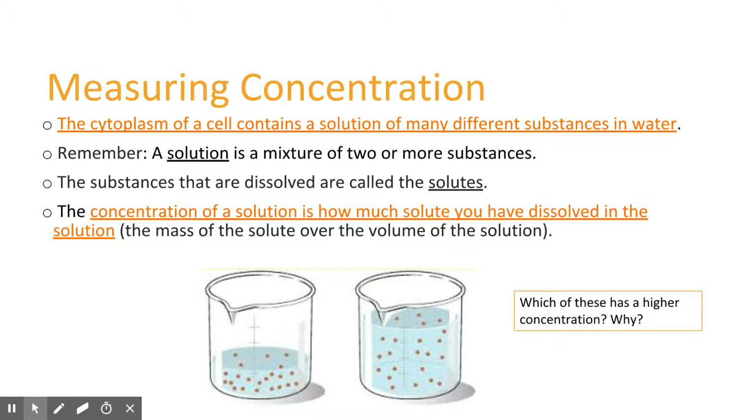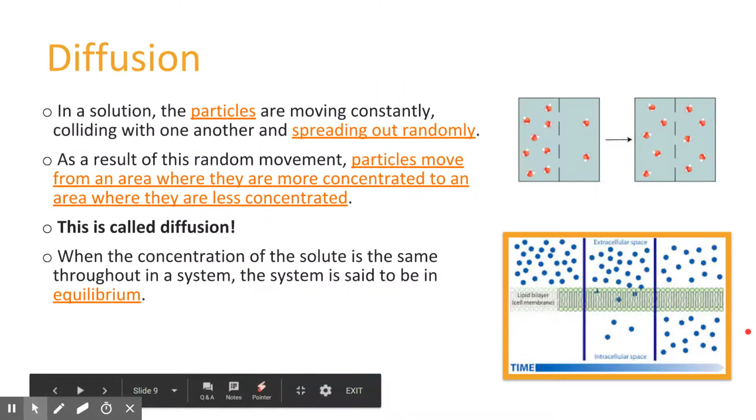If you said that the beaker on the left has a higher concentration, then you're right. This is because it has a lower volume. So when you divide out the mass of, for example, the salt that you have dissolved in the water, divided by a lesser volume of water, then that's going to result in a bigger number. That's why the beaker on the left would have the higher concentration.